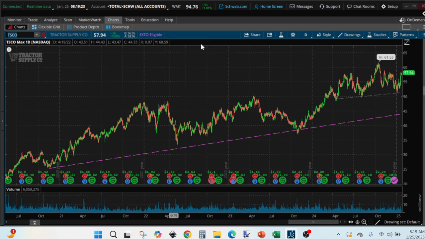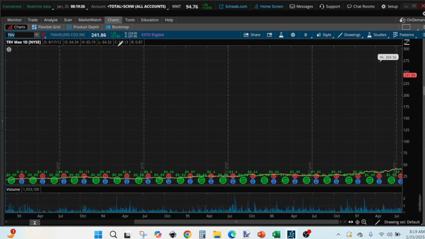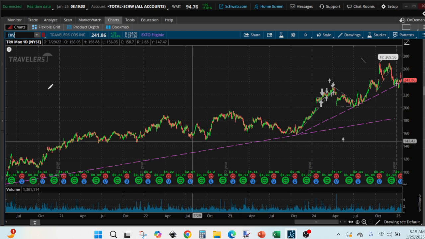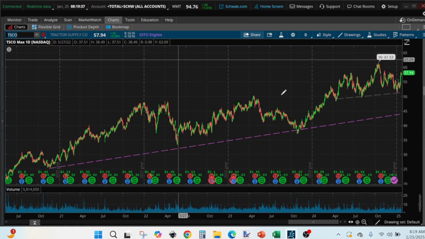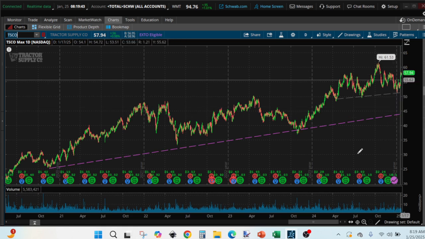It's not dividend. The dividend happened before that. If we go back, I think this is the dividend. It happened before we bought it, and this is earnings time. So TSCO might be the next one. We have this trend line that we like to buy at, but right now it is going up.